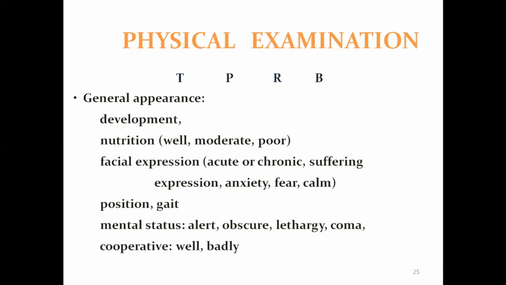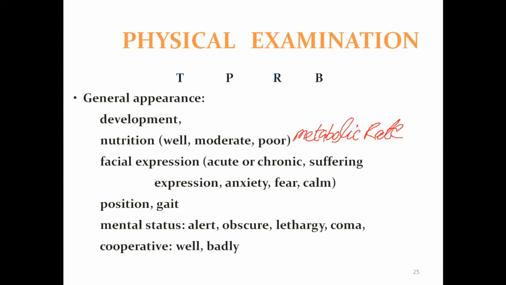Sir, by measuring BMI and checking their body weight. Okay, very good. So nutrition: even for example, you see some person overall, with one look you can tell about their body.